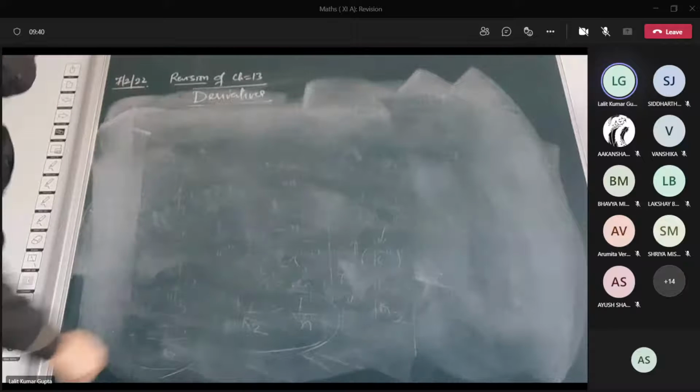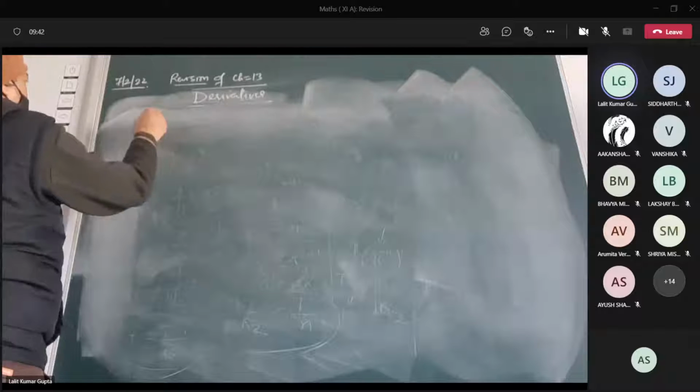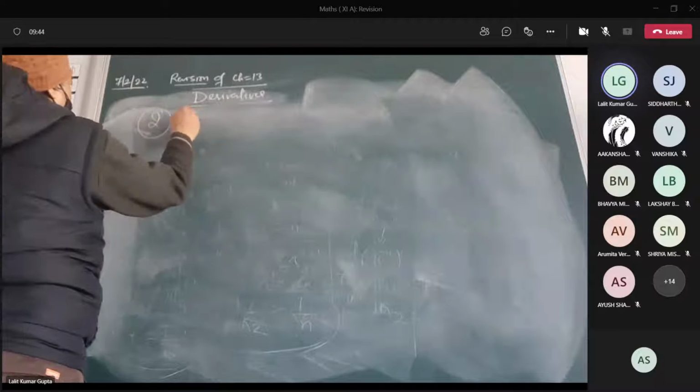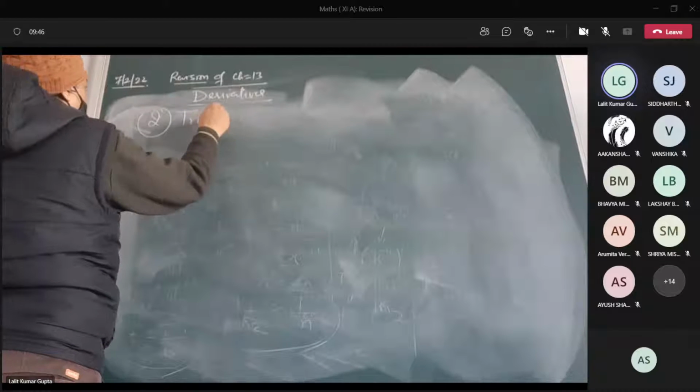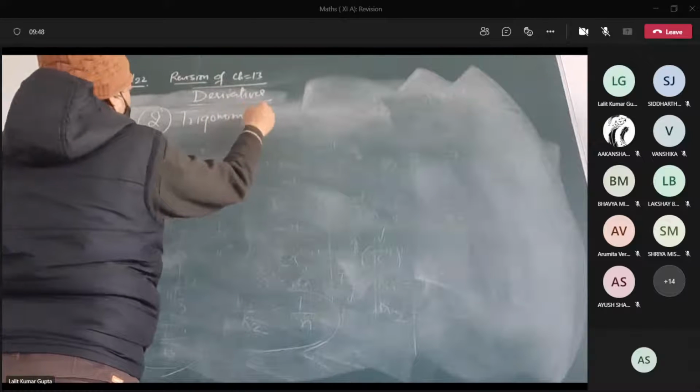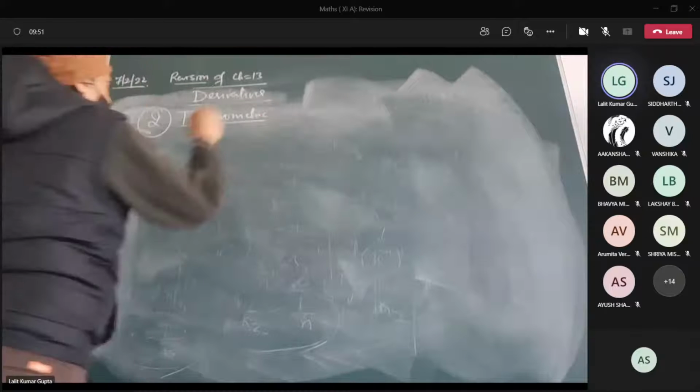Okay. Now second category, that is known as trigonometric. Trigonometric, beta, right?